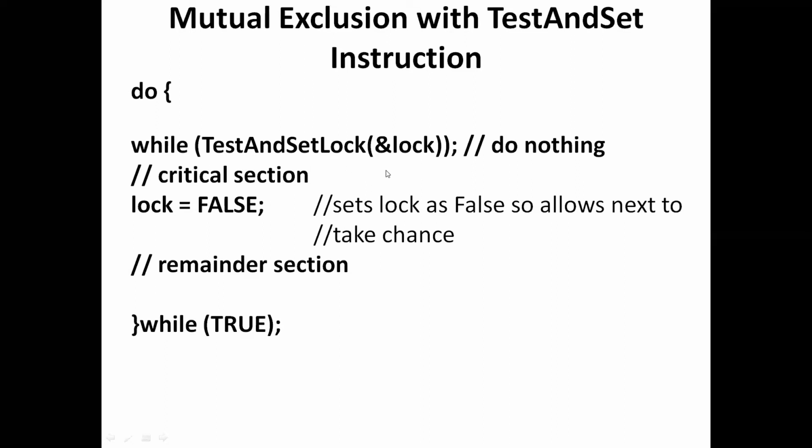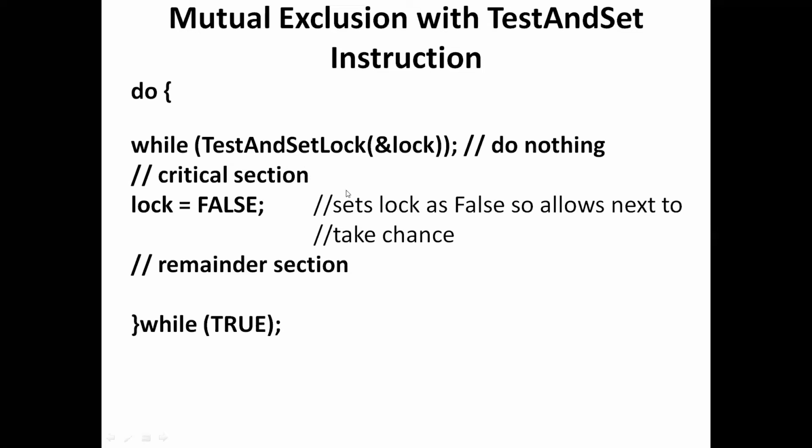At the initial time, no process is executing inside the critical section. So process 0 wishes to enter the critical section. First it tests whether any process is inside the critical section or not, and that's why it is called the test and set instruction.